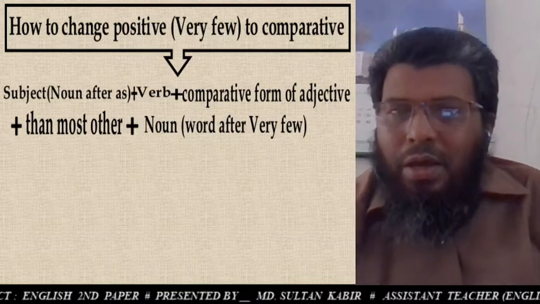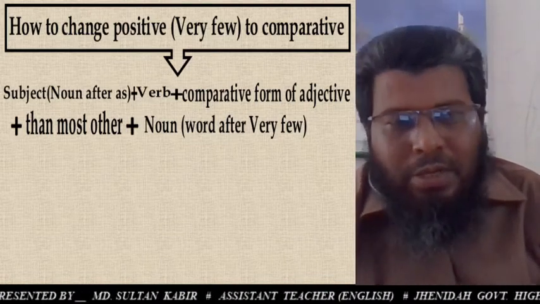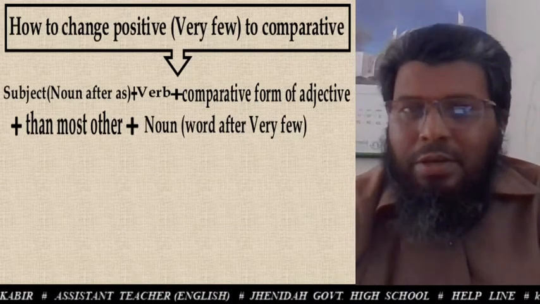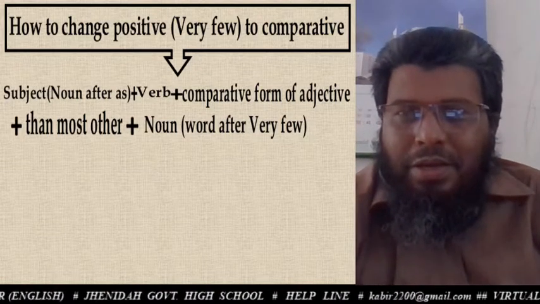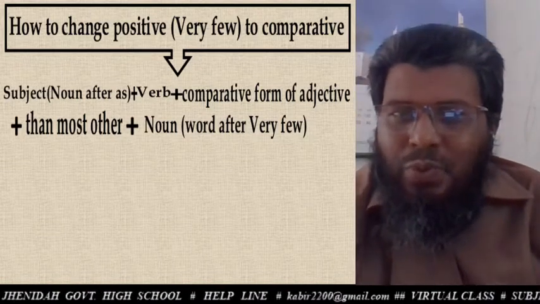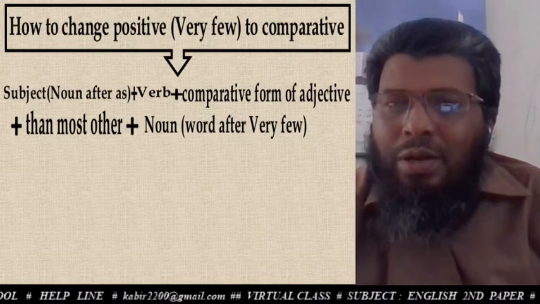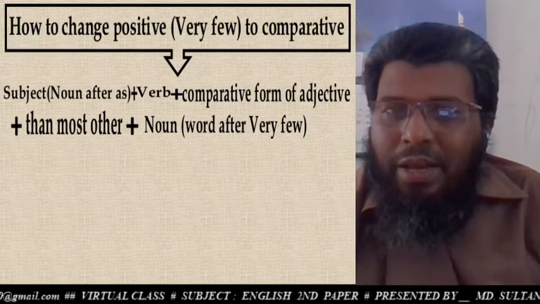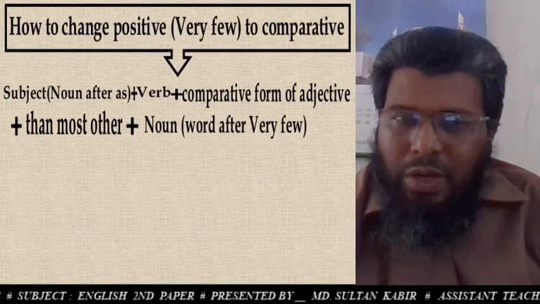Okay, and the verb must follow the subject. Then the comparative form of the adjective, and then look at here: then most other. If the positive degree starts with no other, what will we write? We can write then any other. Here look, then most other. This is the difference.